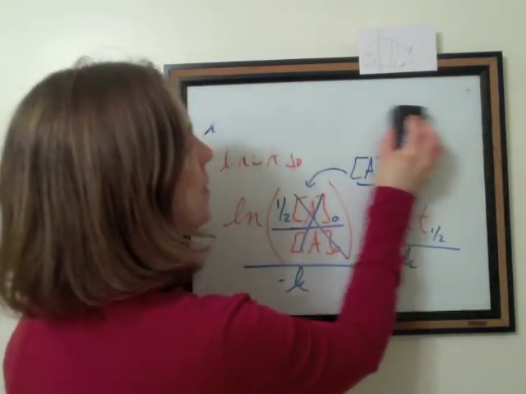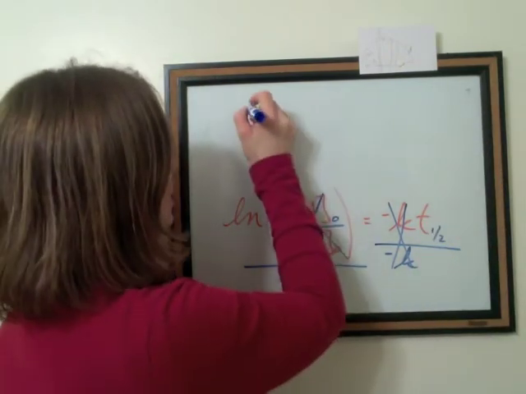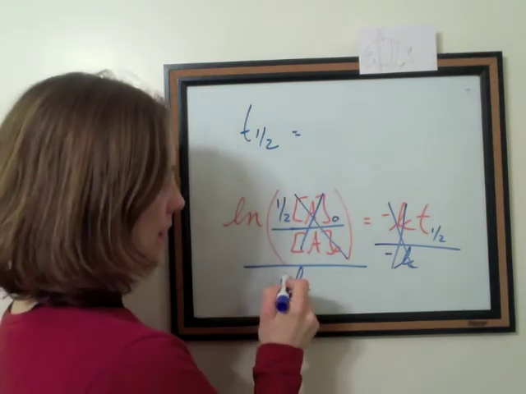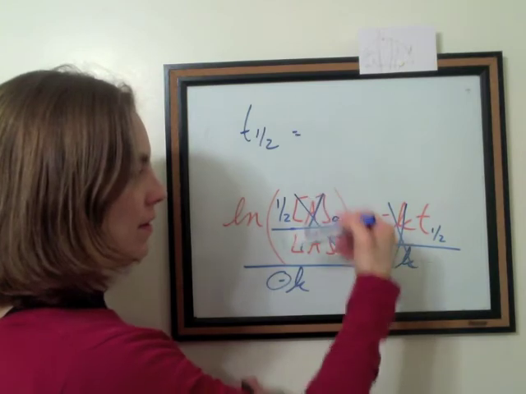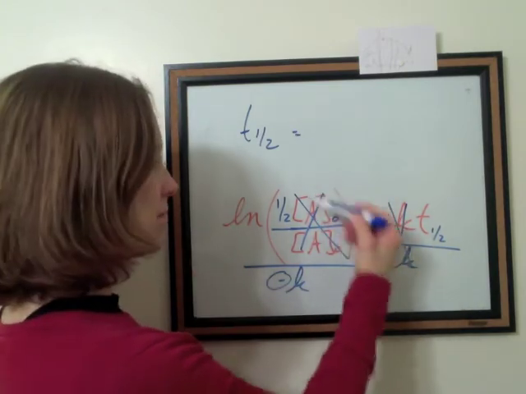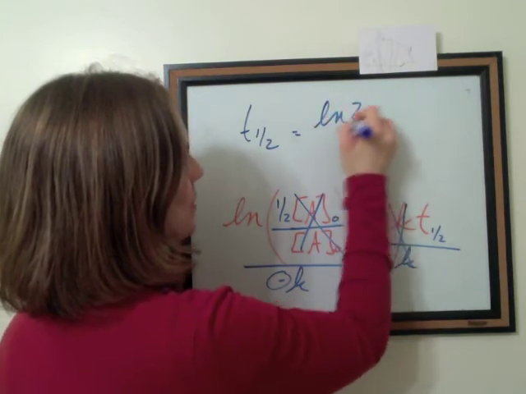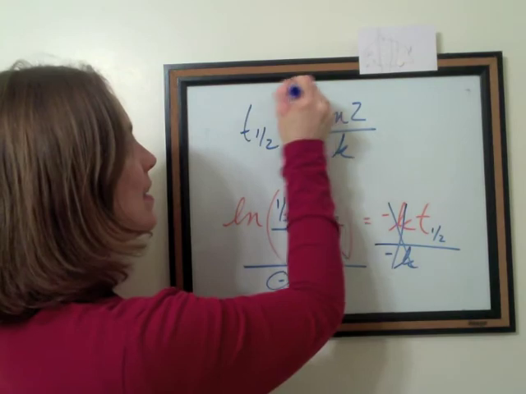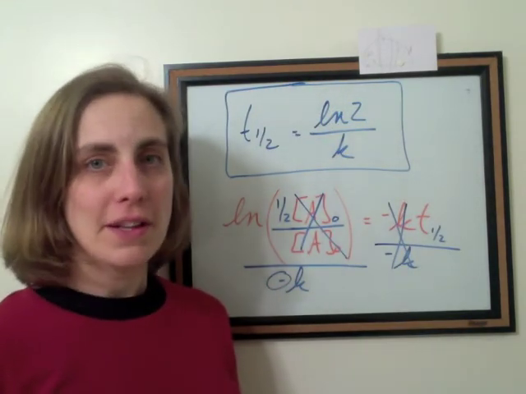I'll rewrite it up here. We end up with t 1/2 equals, well, when dealing with logs, if I divide by a negative, it inverses whatever we've got up here. So that's going to end up being natural log of 2 over k. And that, my friends, is the half-life equation for first order rate law.